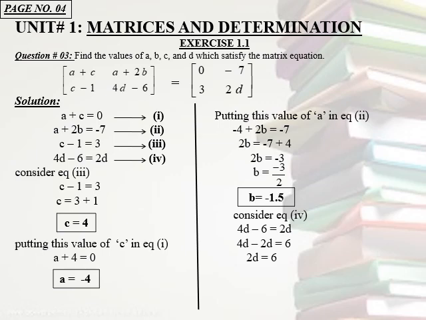And after dividing 6 by 2, I will get the answer of d, that is 3. So the value of a is equal to -4, the value of b is equal to -1.5, the value of c is equal to 4, and the value of d is equal to 3. This is how we find the unknown values.